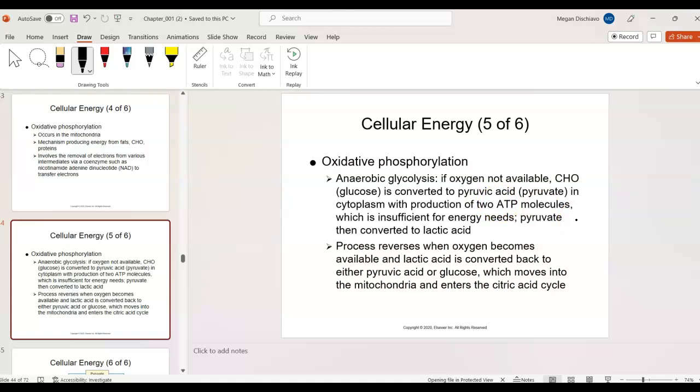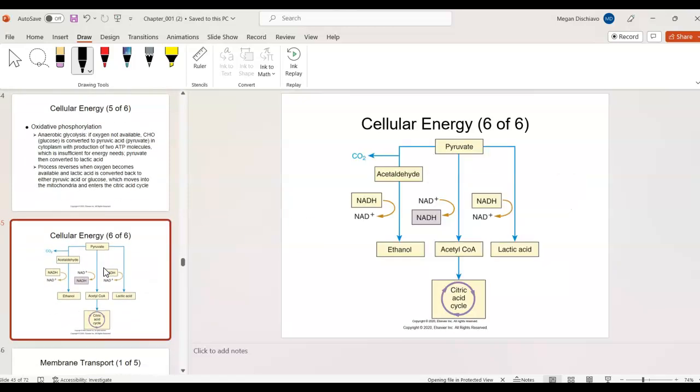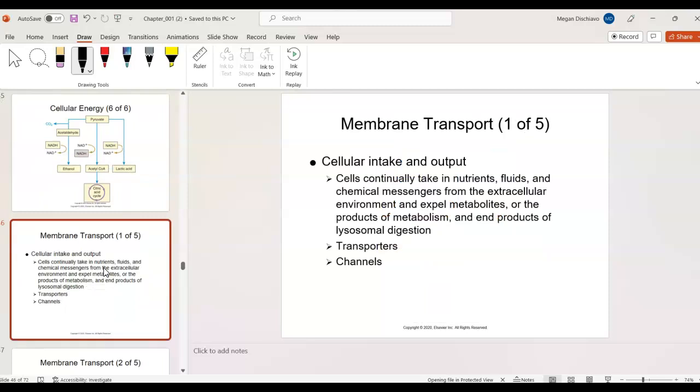That's why if you sprint really fast, you squeeze those muscles, you can't get blood into them, you get really stiff the next day because you've gone through anaerobic glycolysis, you've created lactic acid as a byproduct. Okay? When we bring oxygen back, it goes back to this oxidative phosphorylation. Yay, we have energy. Okay? Here's a chart if that helps you. I've tried to break it down as best as I can for you.